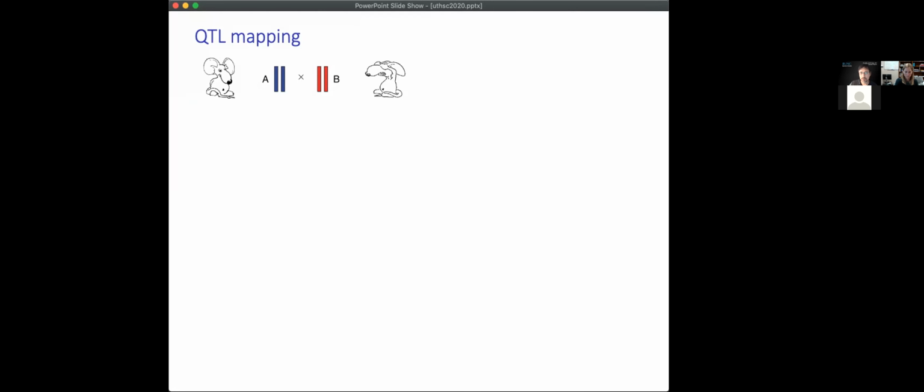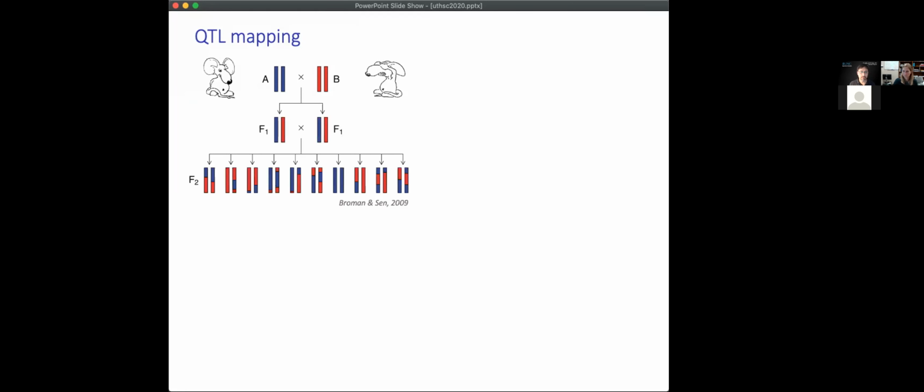What this will involve is crossing these two strains. First of all, you'll create these F1 individuals who are hybrids of both. And then you create an F2 population. And the F2 individuals are all distinct.